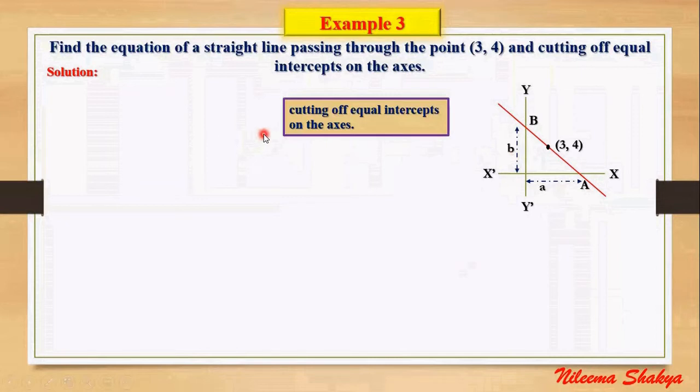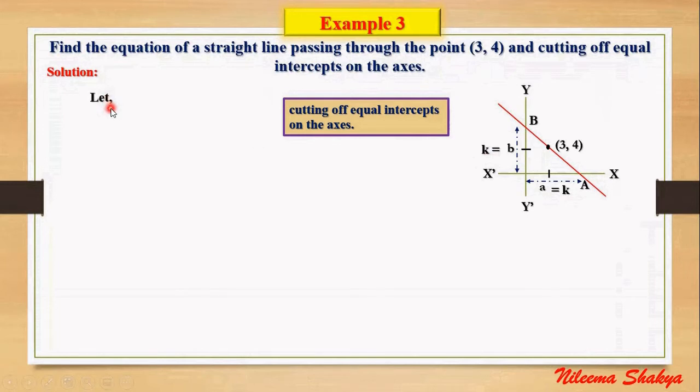The question also tells that the line is cutting off equal intercepts on the axes, that is, these two intercepts are equal. If we represent this x-intercept by k, then the y-intercept b is also equal to k.